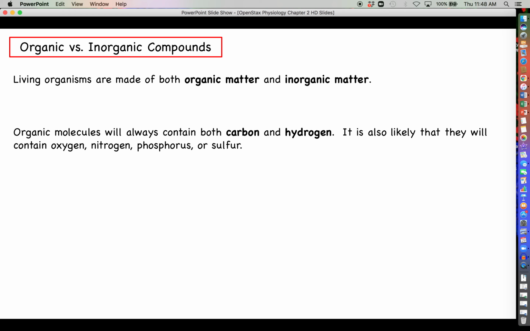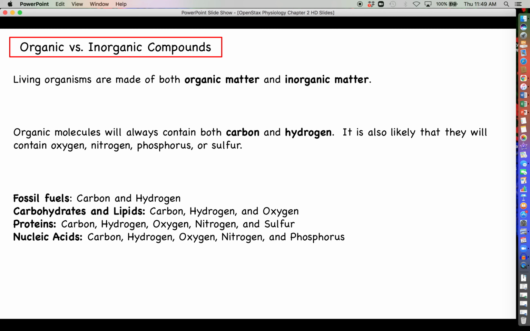So what we're going to find out here is that even though the strict definition is that they have to contain both carbon and hydrogen, that does not mean that they can't contain other kinds of elements too. So it's going to be likely that a lot of our macromolecules and our organic molecules will also contain things like oxygen, nitrogen, phosphorus, sulfur, etc. So some examples here: I already laid out fossil fuels and oils and things like that tend to contain carbon and hydrogen.